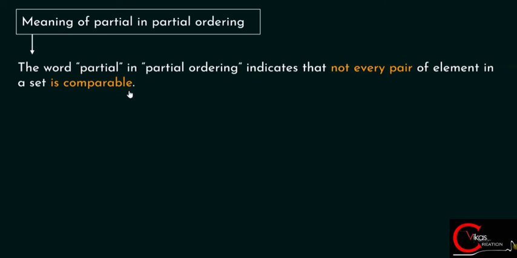Some relation is defined on a particular set. That relation is called a partial order because not every pair of elements in a set is comparable. This means we cannot say that every element is related to each other. That is why we are using the word partial in partial ordering.